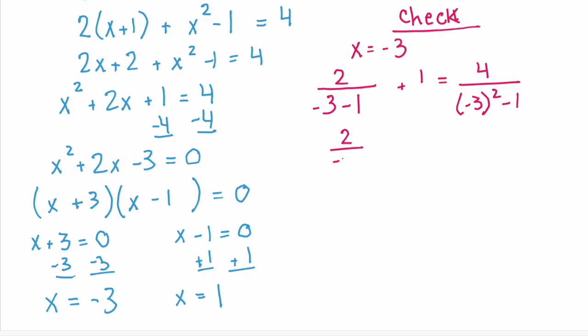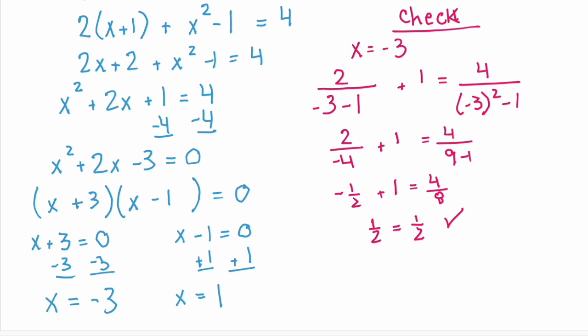Here we have 2 over negative 4 plus 1 equals 4 over 9 minus 1. This is negative 1/2 plus 1 equals 4 over 8. And on the left, we have a positive 1/2 equals, well, 4/8 simplifies to 1/2. So that checks. x equals negative 3 is a possible answer.